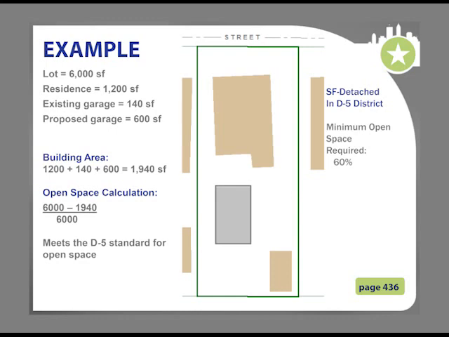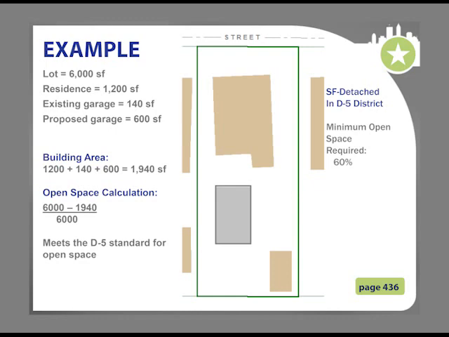The lot area is 6,000. So you take 6,000 minus the sum of the buildings, the existing garage at 200 square feet, the existing primary unit at 1,000 square feet, plus the proposed garage of 600 square feet.